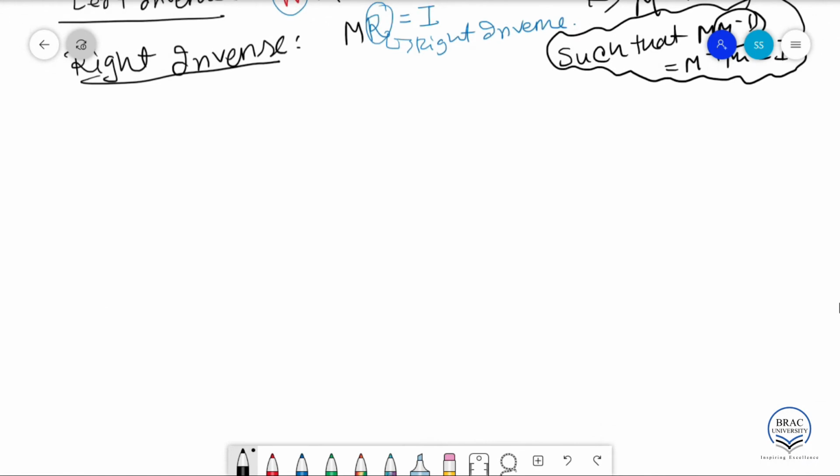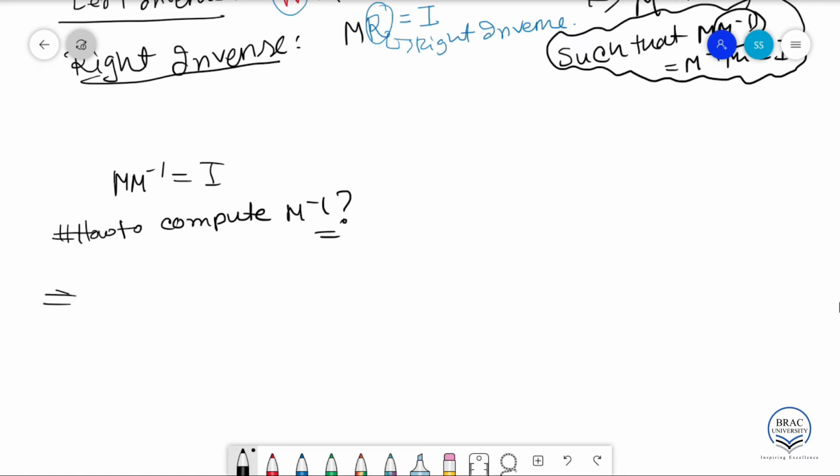So how do you define an inverse matrix? Seems pretty easy: M inverse M is the identity, right? This is the definition. But how do we compute it? Well, we will talk about two approaches. Today we'll talk about one approach, and in a later lecture we'll talk about another.